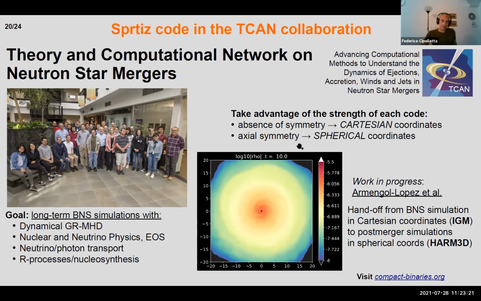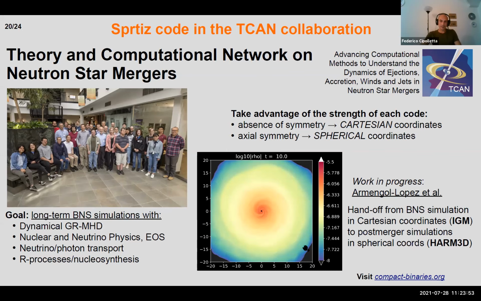This is a snapshot from one of the first handoffs that was performed from a Cartesian coordinates code to a spherical coordinates code, and was performed by Federico Armengol Lopez. Initially in the collaboration we simulated the disk, so handing off the data from results of a disk in Cartesian coordinates to spherical.